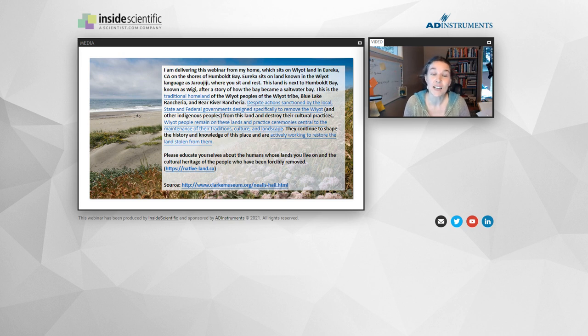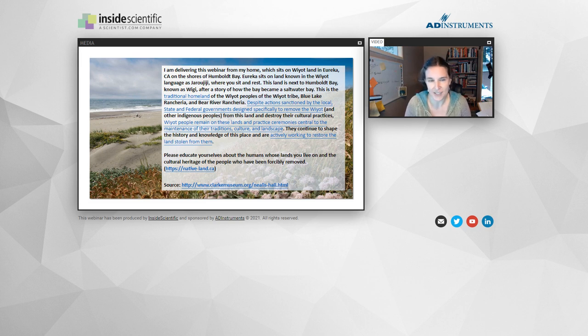Eureka sits on land known in the Wiyot language as Jarojiji, where you sit and rest. This land is next to Humboldt Bay, known as Wigi, after a story about how the bay became a saltwater bay. This is the traditional homeland of the Wiyot peoples of the Wiyot tribe, Blue Lake Rancheria, and Bear River Rancheria.